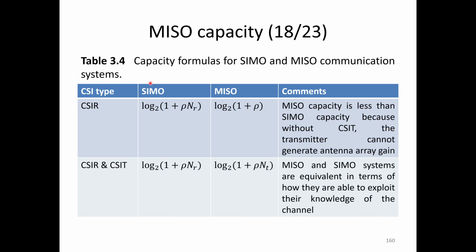We compare the capacity formulas for SIMO and MISO communication systems, so you can see that there are in total four capacity formulas here. Through this table, we can easily compare the capacity formulas for different communication systems under the same or different CSI types. We will go back to this table later.